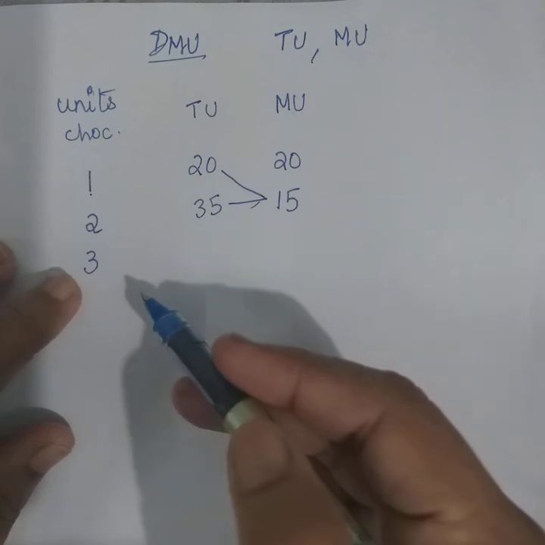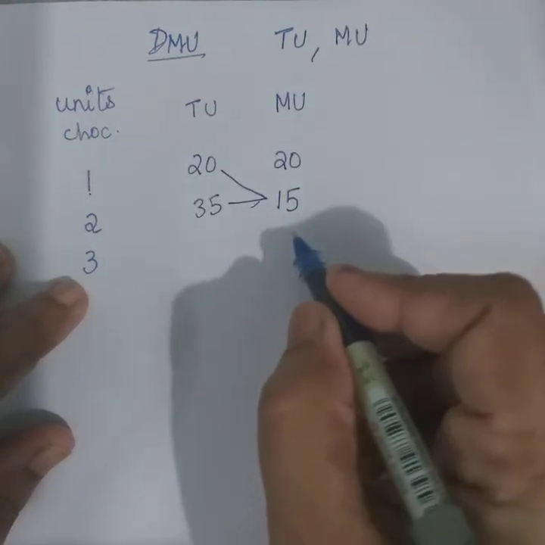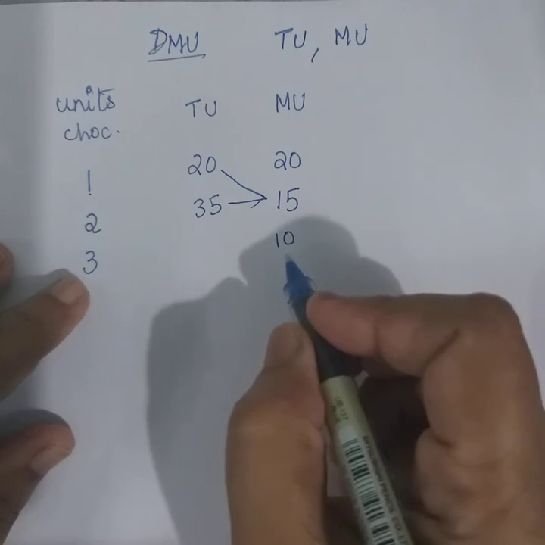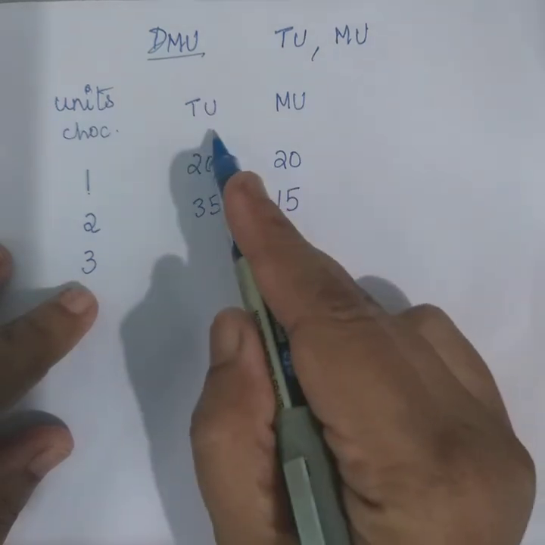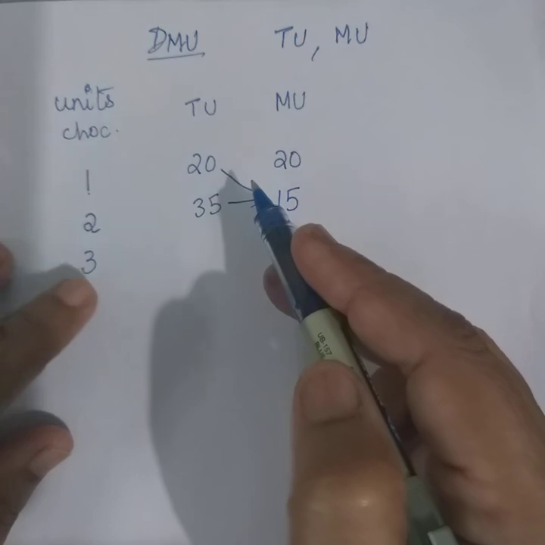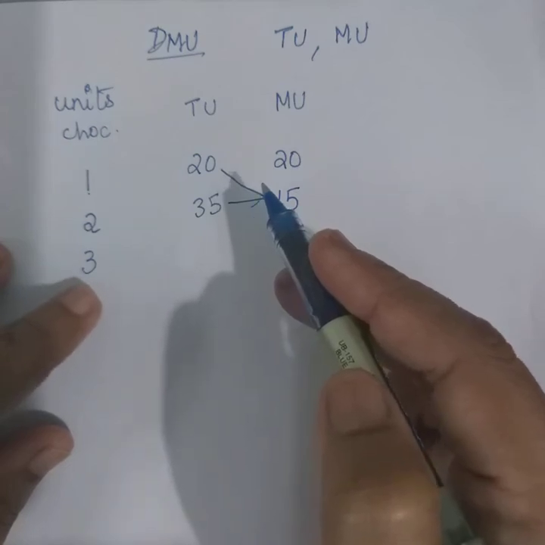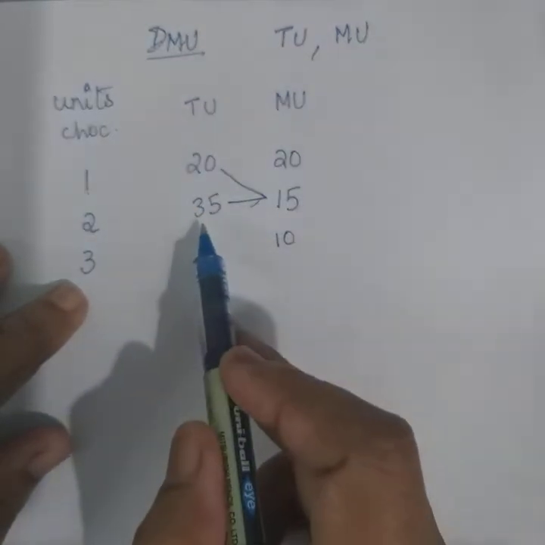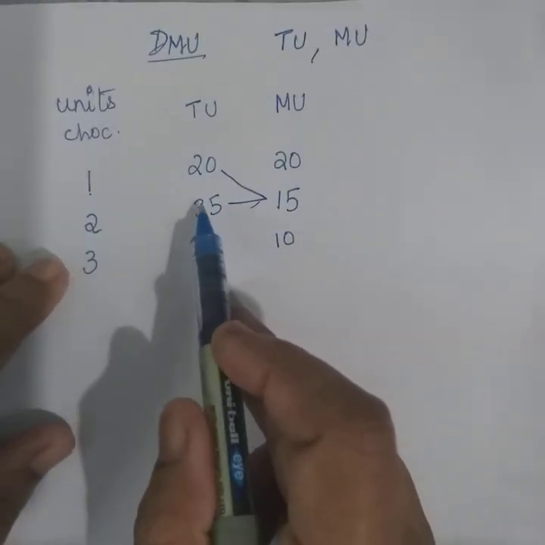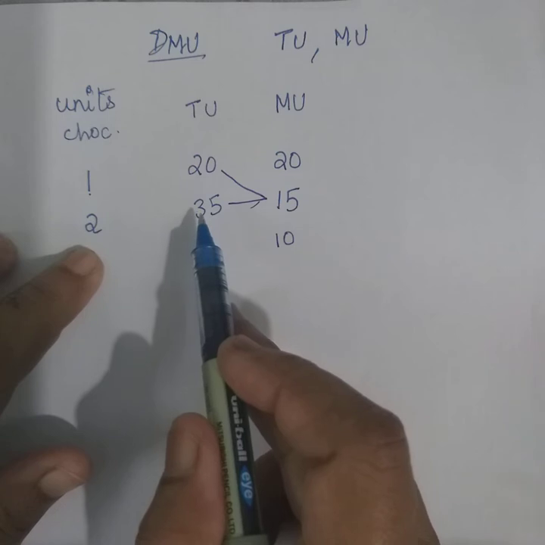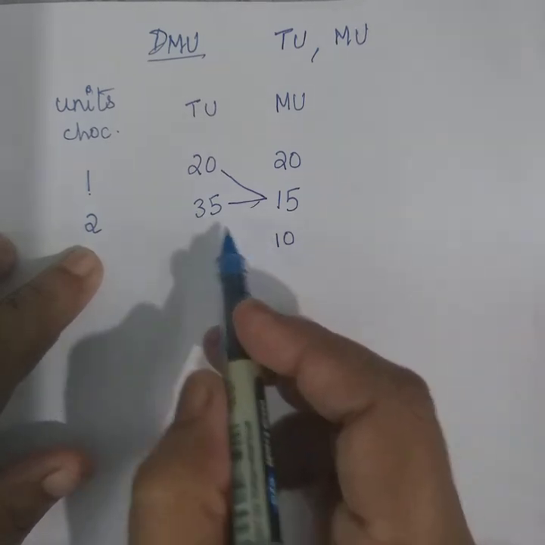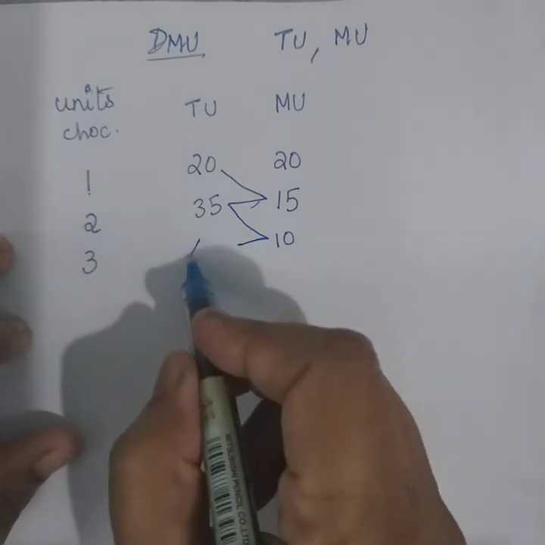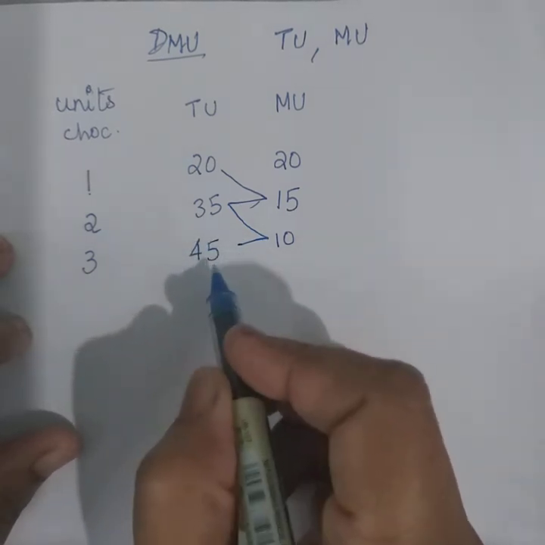So the third unit will give the consumer only, say, 10 utils. The total utility of 3 chocolates will be the utility of 2 chocolates plus the third, so 35 plus 10, that would make it 45.